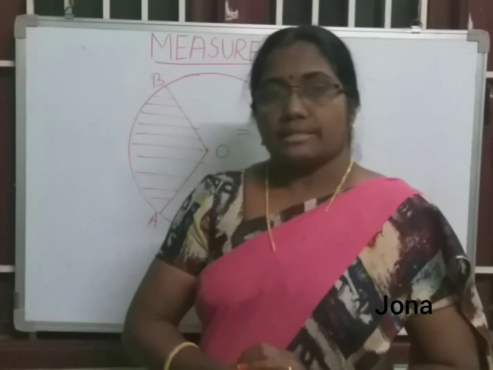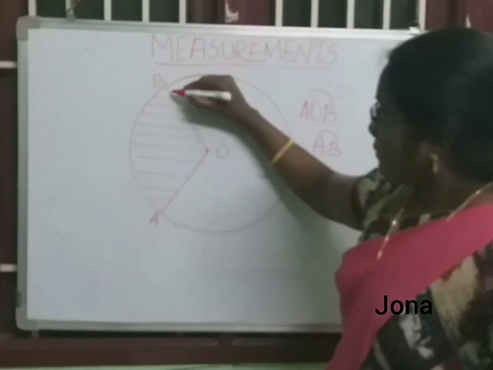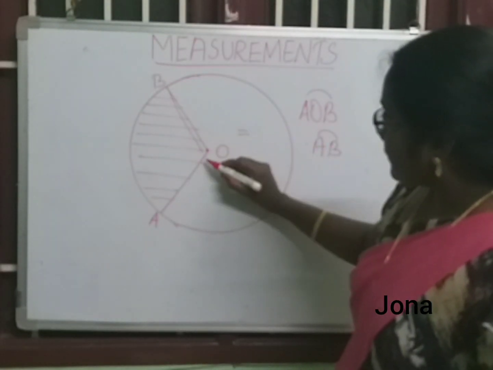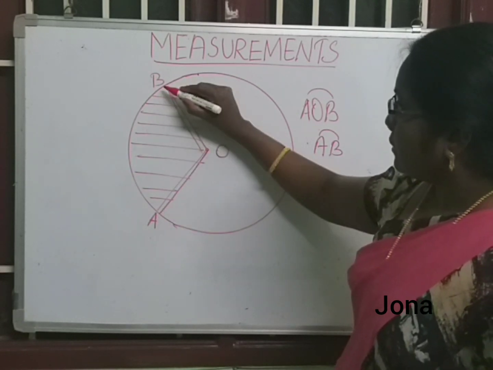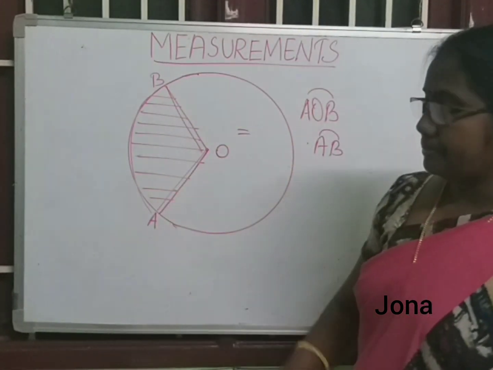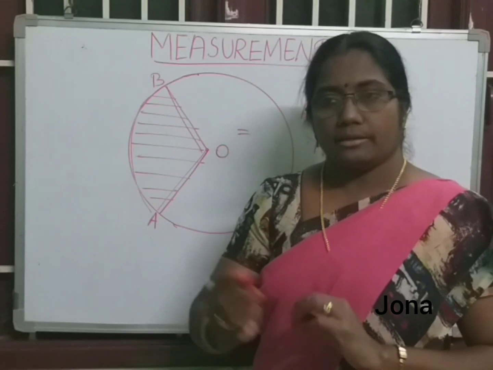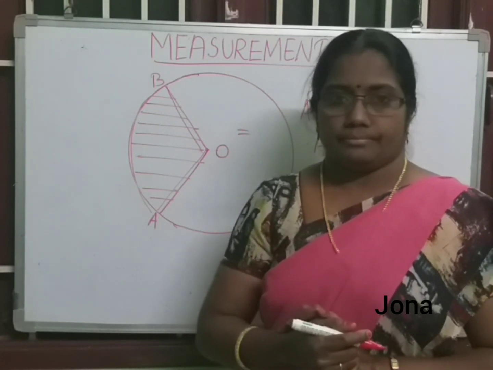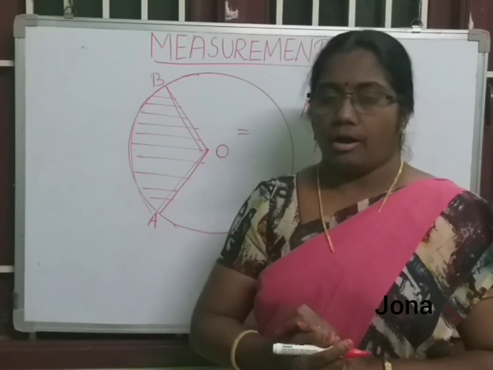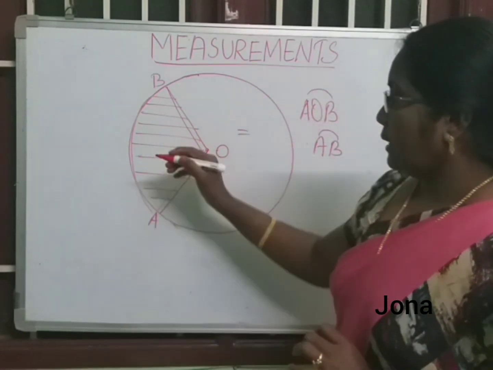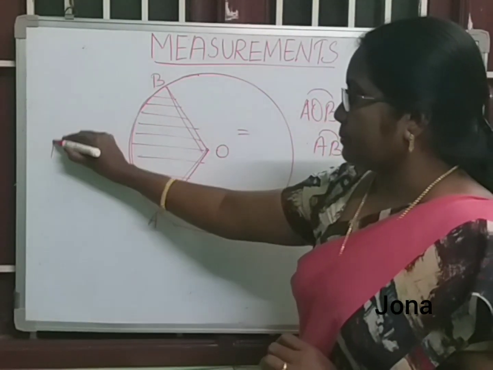That length is nothing but OB, and then this OA, and this arc AB. If you add everything, I can get the length. That is called the length of the arc. That length is L here.